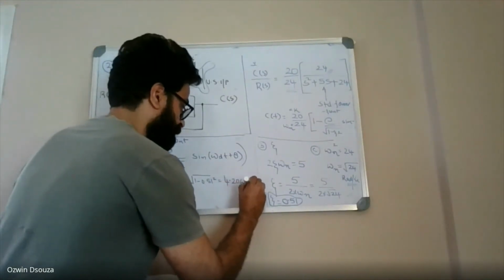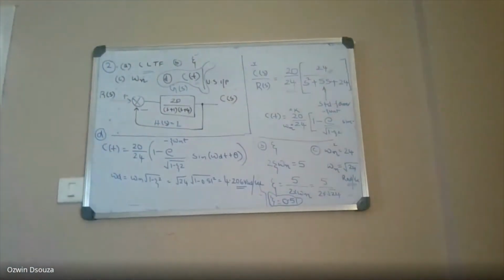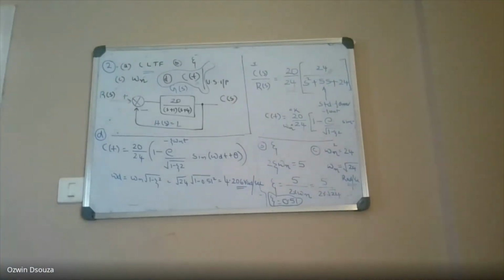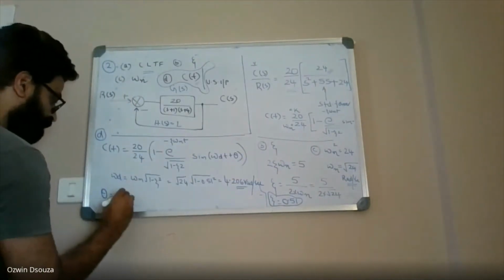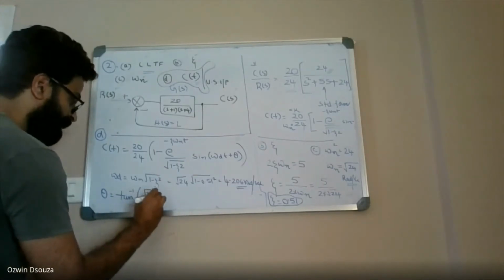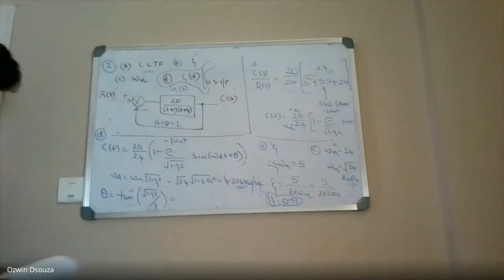So omega d, you will get it as 4.206 radian per second. When you substitute, you can cross check later also, 4.206 radian per second. And you need to know this theta value also, right? So theta is equal to tan inverse of under root 1 minus zeta square divided by zeta, in radians you express.